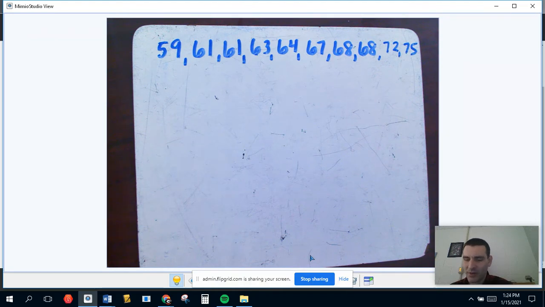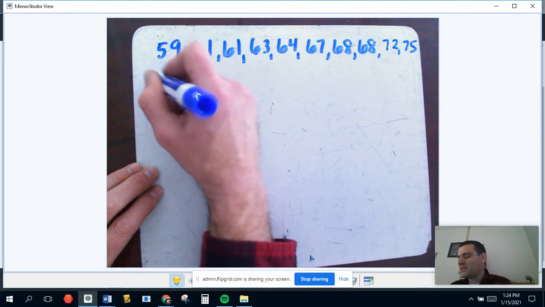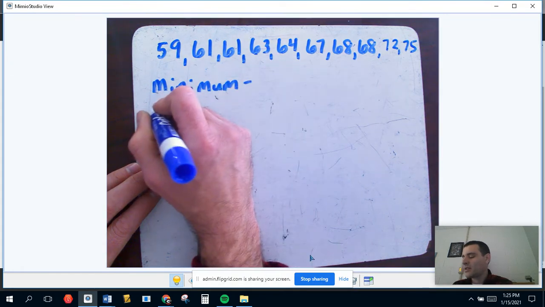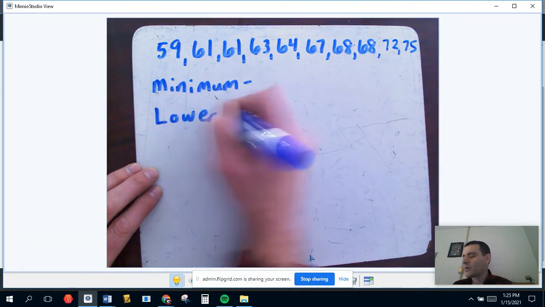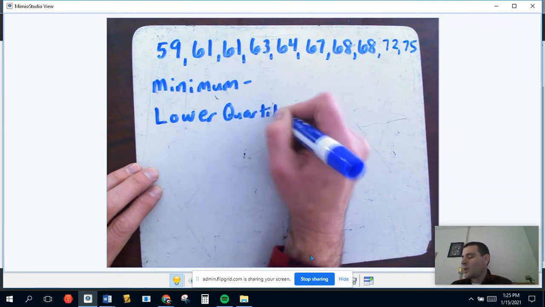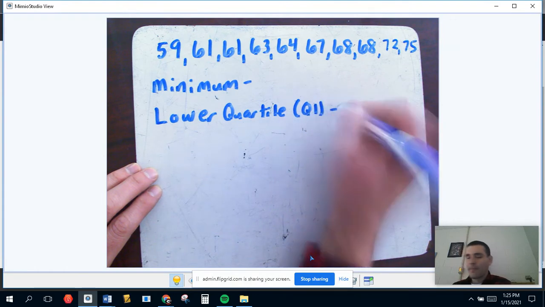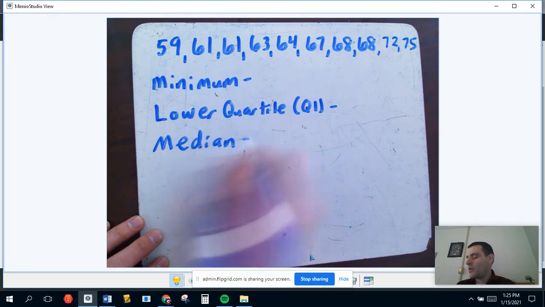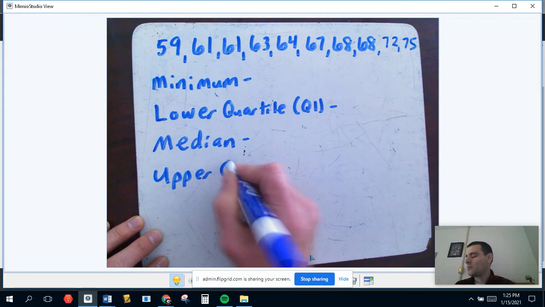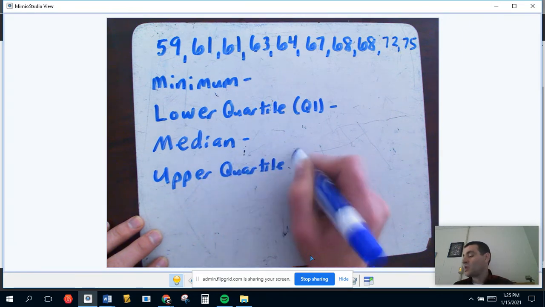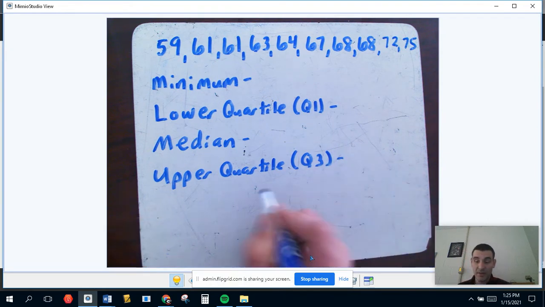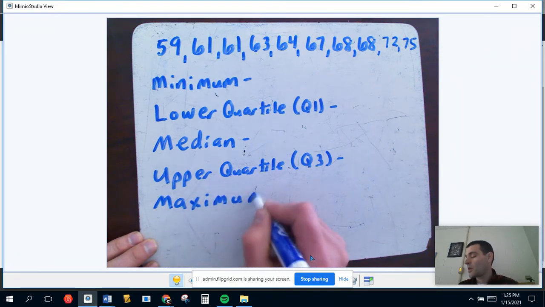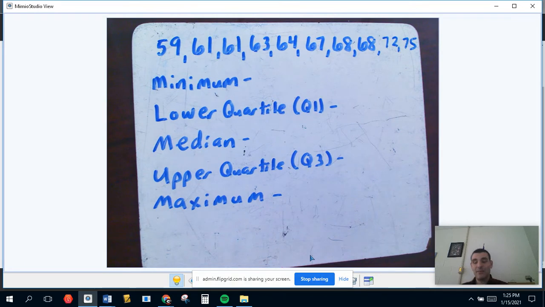Of course, a calculator will do a lot of this for you, understand that, but what we want to find is the minimum, the lower quartile, which is often called Q1, the median, the upper quartile, often called Q3, or Q2 would be the median, and the maximum. Those are the 5 points that are going to get reflected by the box and whisker plot.